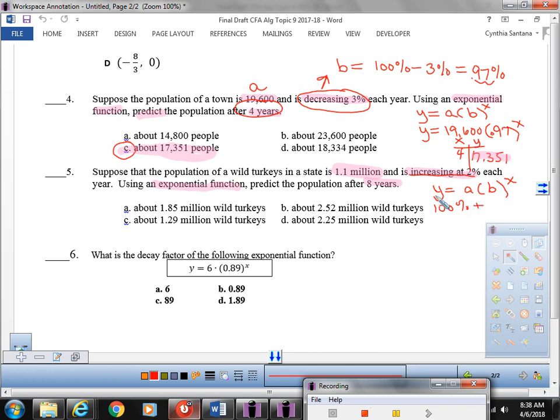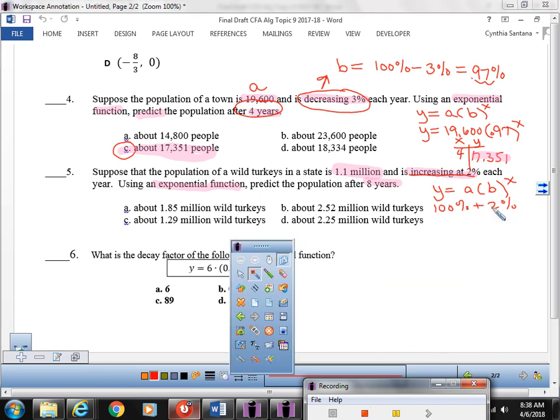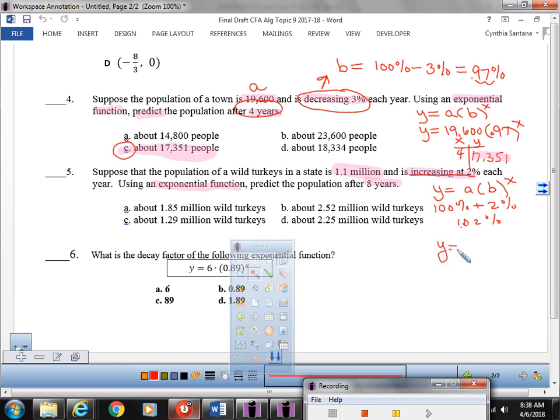So you should have added those 2%. In other words, it's going to grow 100% plus 2 more, and that makes it 102%. And then you do have to move 2 places to the left, so 1.02. So this would have been your function. They started with 1.1, and then it's growing 1.02, which is the decimal.